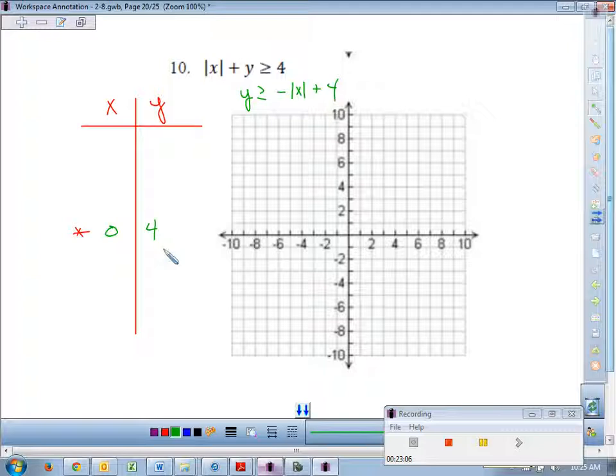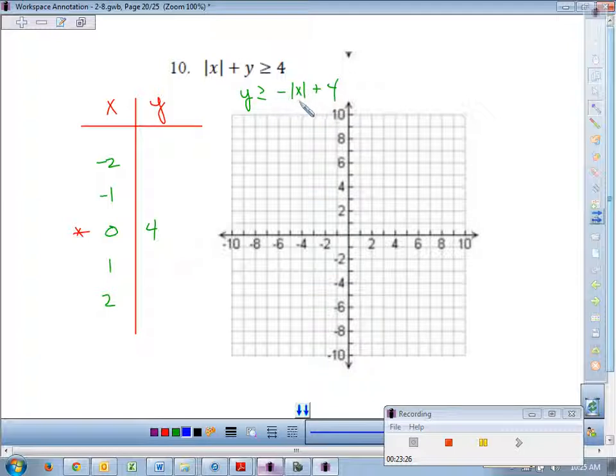There's your translation right there. Where did the point 0, 0 go to? It became 0, 4, right? This thing got translated 4 units up. Then we put a 1 and a 2 and a -1 and a -2. How's this thing supposed to open again, though? Refresh my memory. Down. We put 1 in. Absolute value of 1 is 1. But isn't that negative on the outside? Correct?